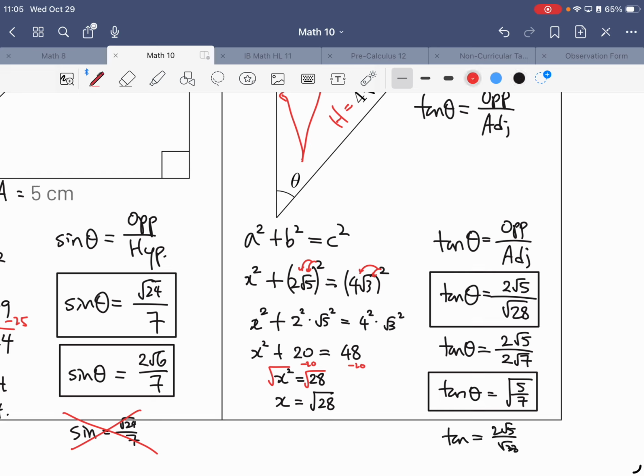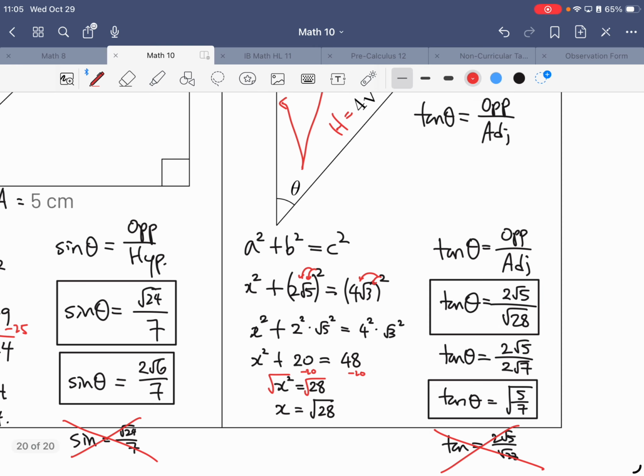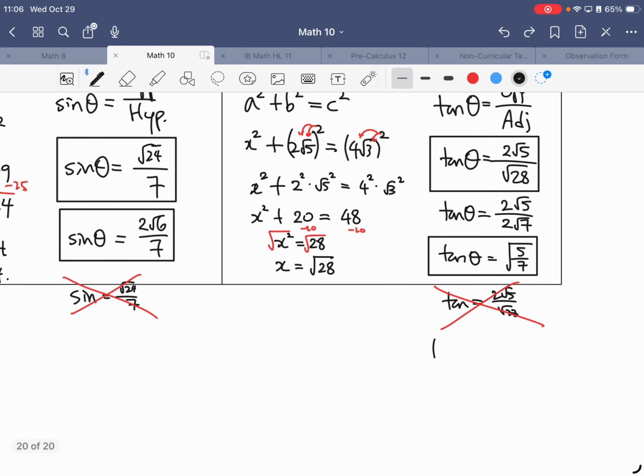That's incorrect. Also, another thing, if some of you have decided to use your calculator and it's square root of 28, and let's say you approximate it into 5.29, well, you're okay. I'm not going to say that it's incorrect to say tangent of theta is equal to 2 square root 5 over 5.29. However, if you are going to write this as 5.29, then you're not allowed to use the equal sign.